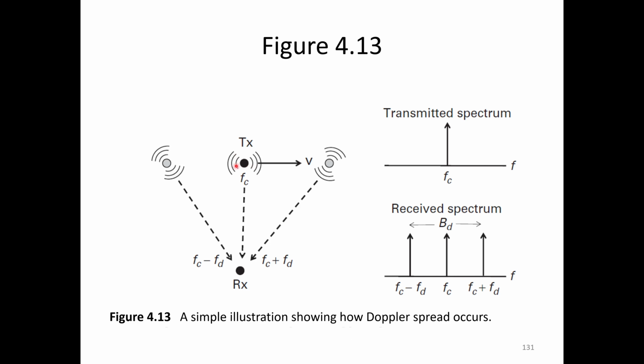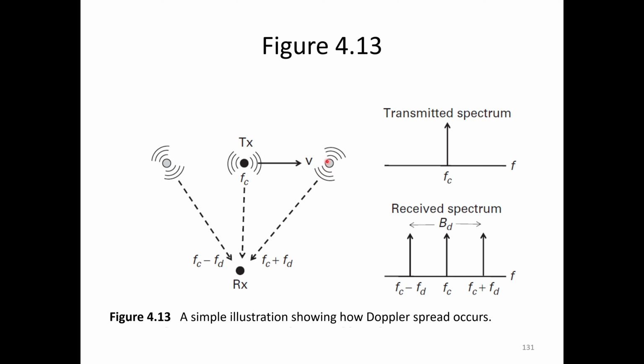So when the transmitter moves forward to this scatterer, originally the frequency of the transmitter is Fc. However, if the transmitter moves forward to the scatterer, the received frequency will be higher than Fc, and the difference is Fd.